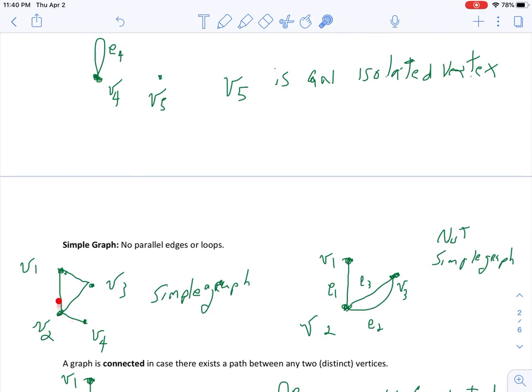This is a simple graph. Why? Because there are no parallel edges or loops. This graph over here, on the other hand, is not a simple graph. Why? Because, like I said before, E3 and E2 are parallel edges. So if it's got a loop or if it has a parallel edge, then it is not a simple graph.